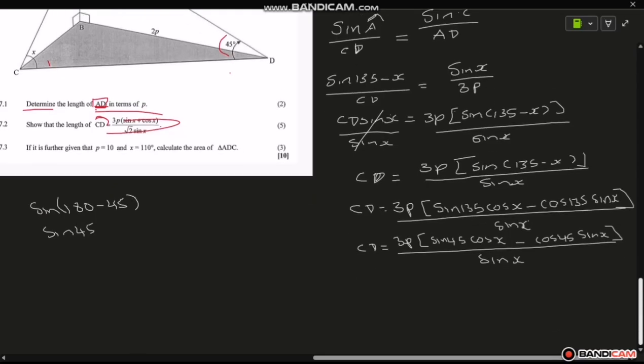Therefore CD equals 3p, open bracket. We do have sine 45 as 1 over root 2 when you use special angles, so cos x minus 1 over root 2 sine x, then all over sine x.